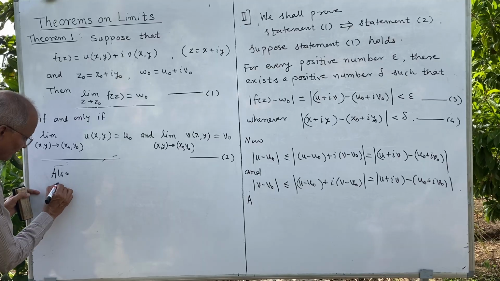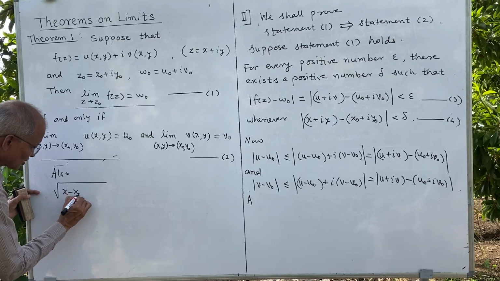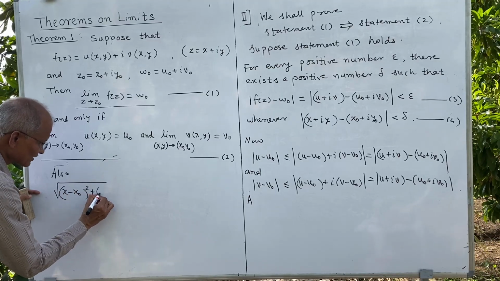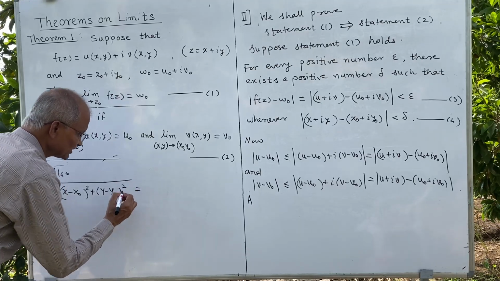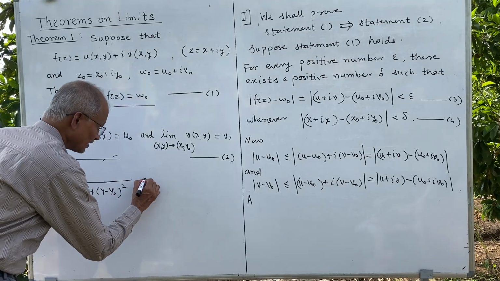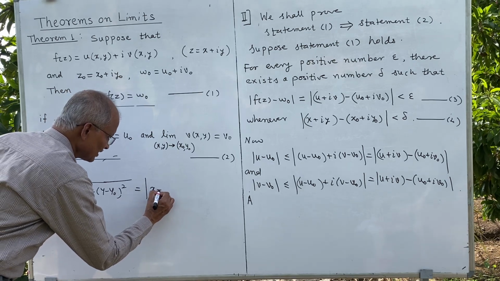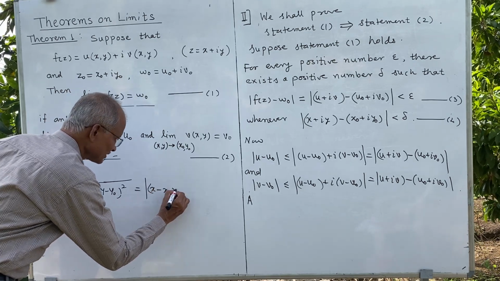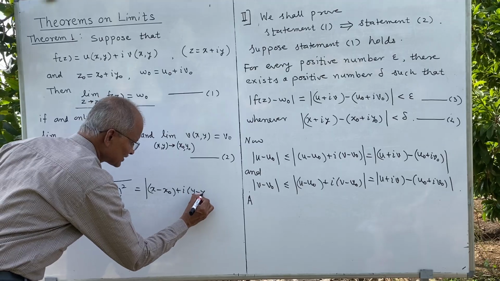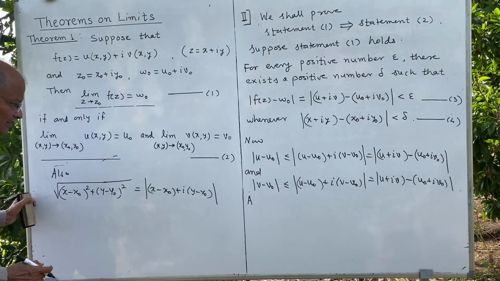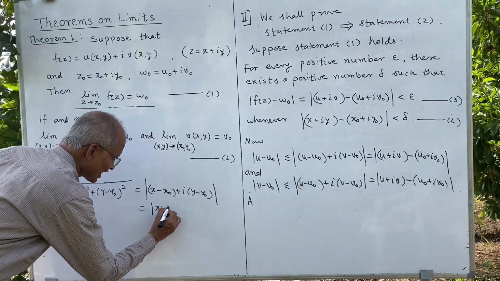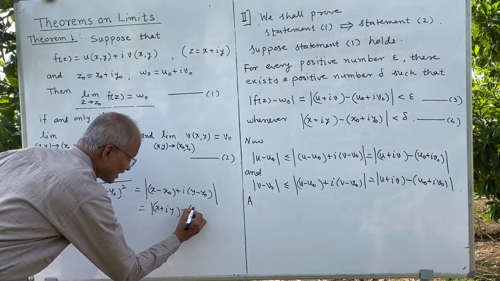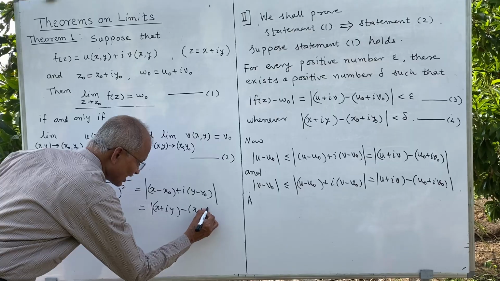the square root of x minus x naught whole square plus y minus y naught whole square, and this is the same as the absolute difference of x minus x naught plus i into y minus y naught, which is equal to mod of x plus iy minus x naught plus iy naught.